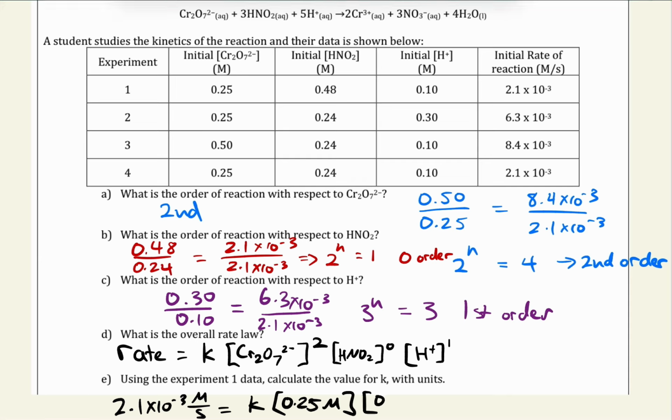The concentration of nitrous acid, 0.48 molarity. Whoops, I forgot the squared here on dichromate, so I'm going to put the 2 up there. And then finally, my concentration of H+, which is 0.1 molarity to the power of 1.